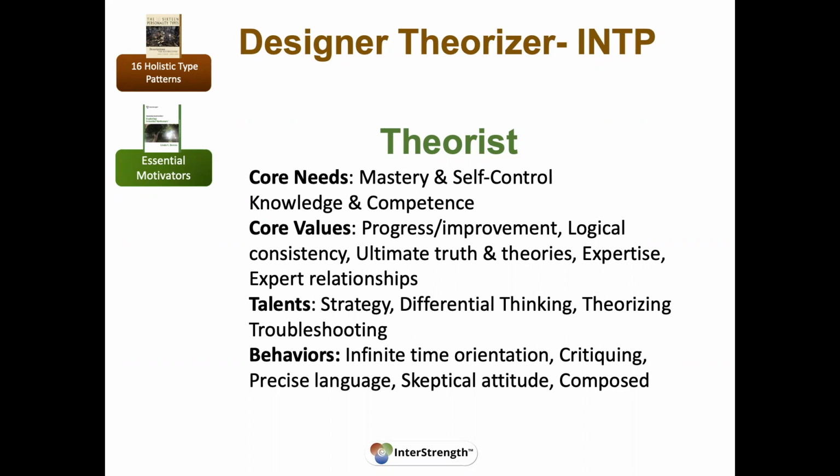But for the designer theorizer, strategy is more about having a sense of whether things are going to work and what might not work, and becoming aware of previously unthought of things that aren't going to work. And so the strategy is a constant checking to see if the way we're going is really on track with what the goal is.